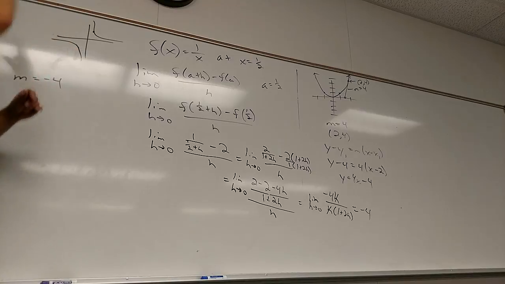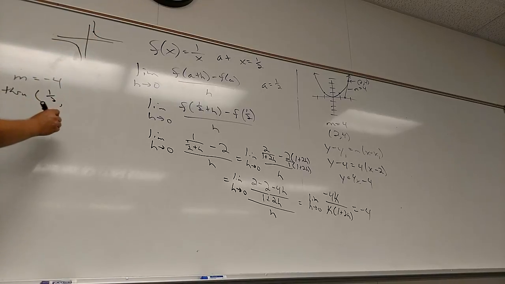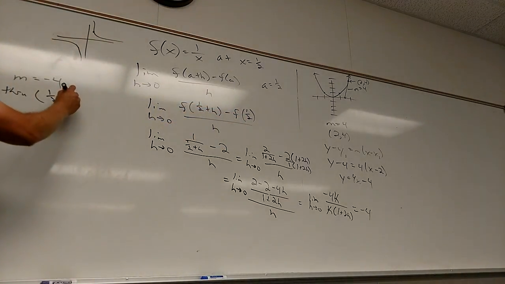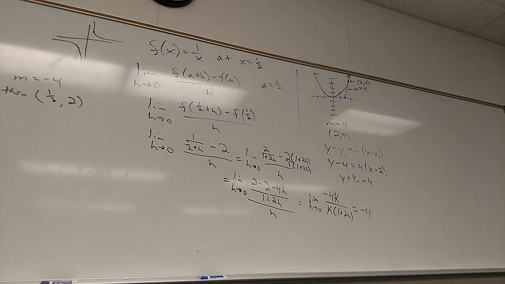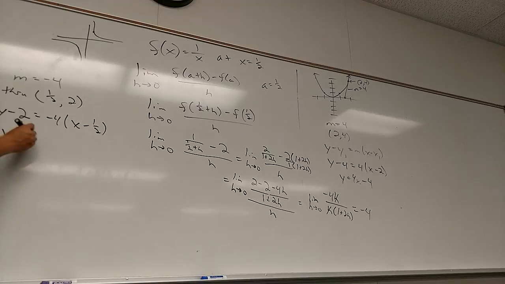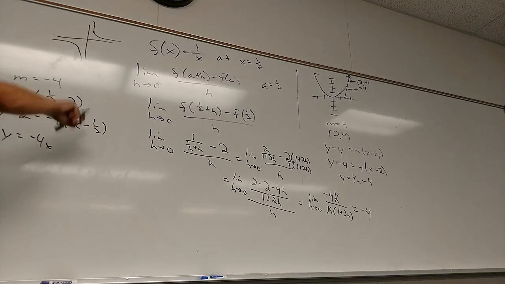For the tangent line, it goes through the point. What point does it go through? 1/2, and 2. So just plug 1/2 in, flip it. Then I have y minus the y piece equals m times x minus the x piece. So y equals negative 4x plus 2 plus 2.